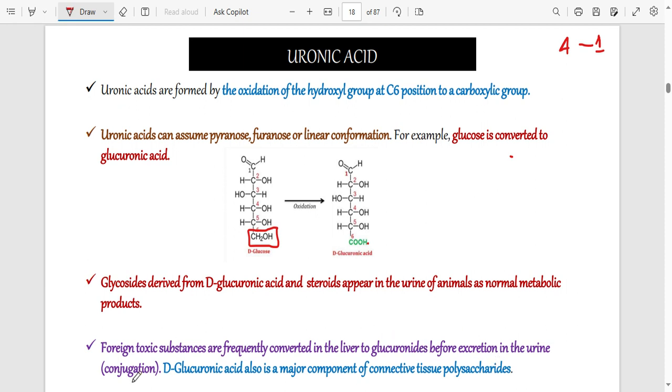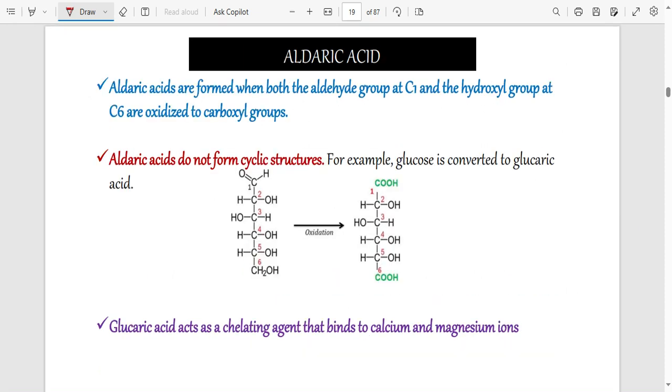That is known as conjugation, and this is a very important process that we are going to discuss. D-glucuronic acid is a major component of connective tissue. We already talked about what connective tissue is, things which hold cells together. So these are uronic acids.